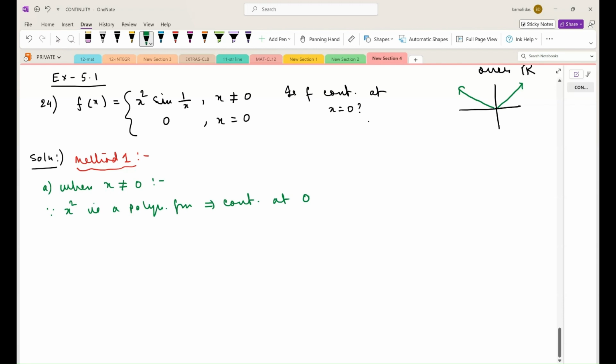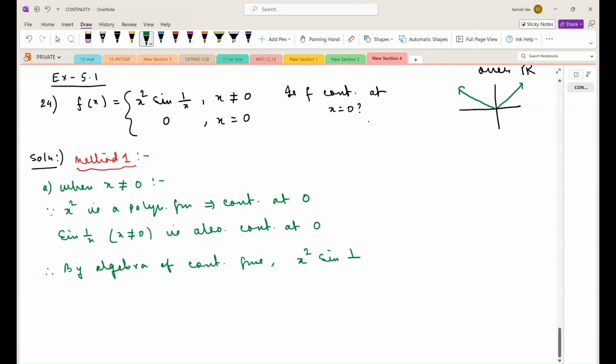In fact, it is continuous over whole of R. Also, sine 1 by x, obviously x is not equal to 0, is also continuous at x equal to 0, in fact over whole of R. Therefore, by algebra of continuous functions, the product of two continuous functions is continuous, so x squared sine 1 by x is continuous at x equal to 0. So this is part A, when x not equal to 0.